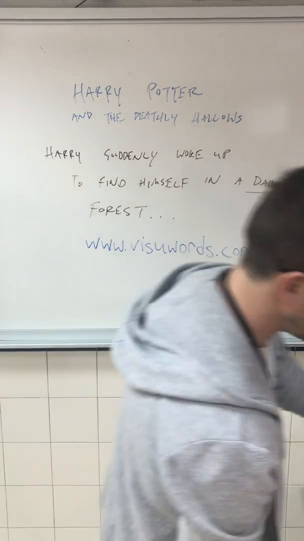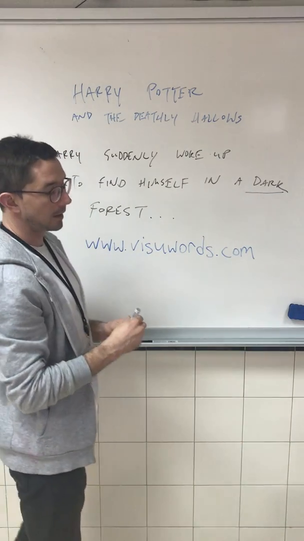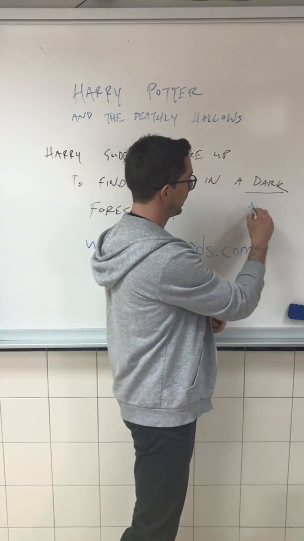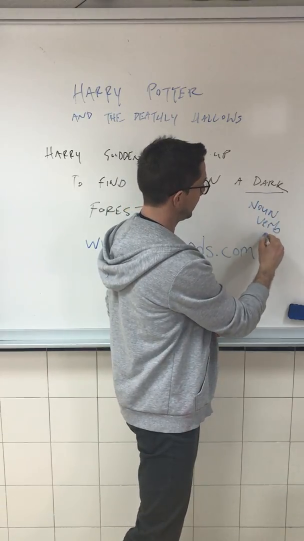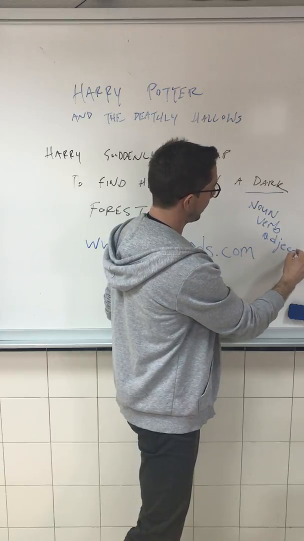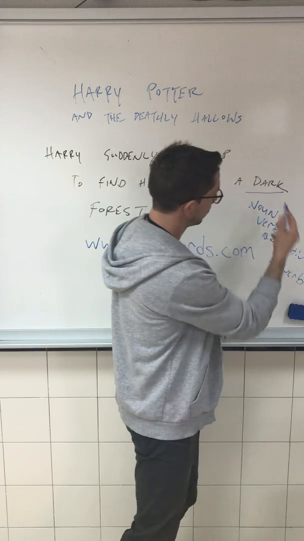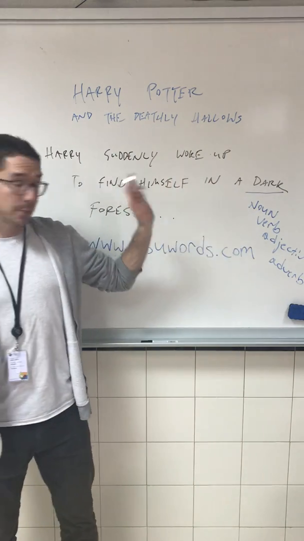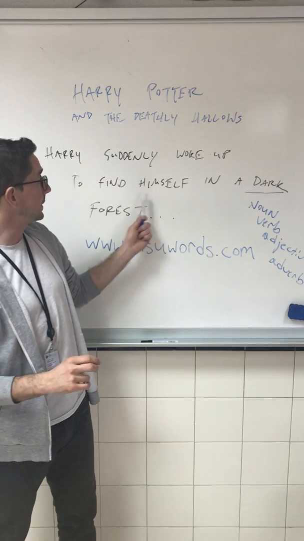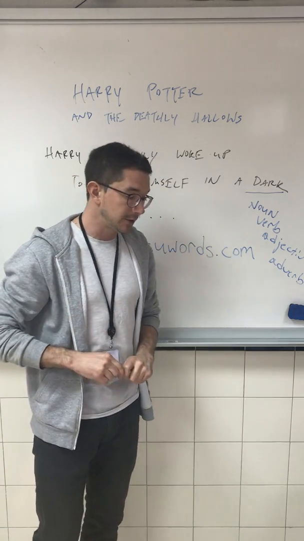So, what I want you to do is try to find a noun, verb, an adjective, or an adverb related to this, okay? This is only a suggestion. If you prefer a different word in this sentence or a different word entirely, you can. You can choose any of these.